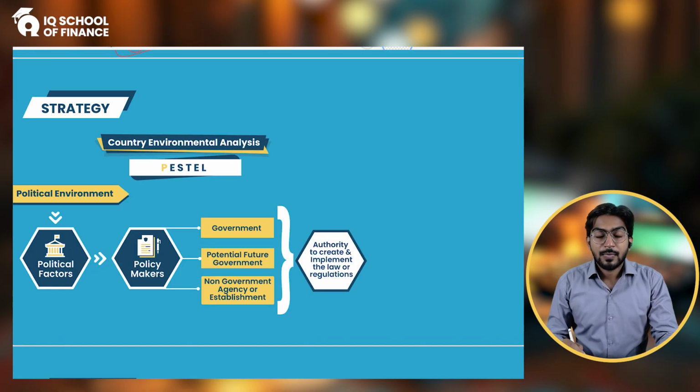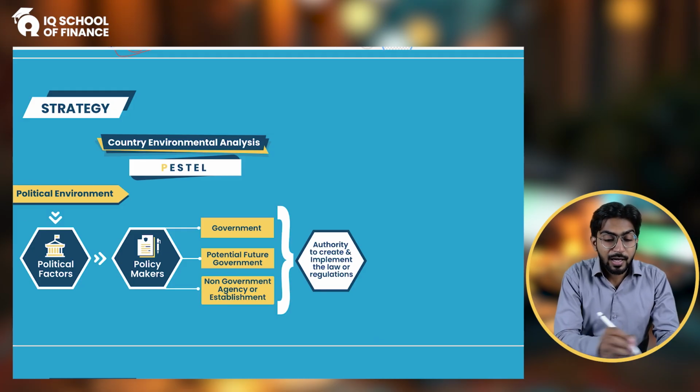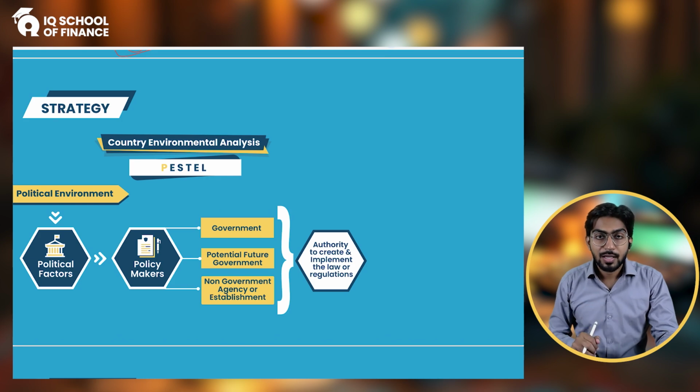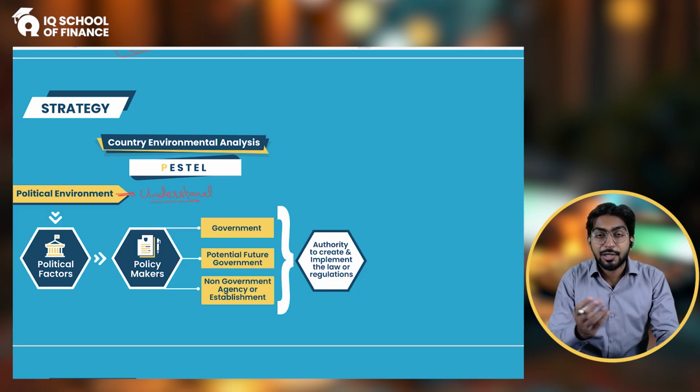All right. So here we are with the first aspect of the PESTEL analysis, that is the political environment, that stands for P. So whenever I talk about the political environment, if you want to understand the political environment of any country or any region, what do you need to do?